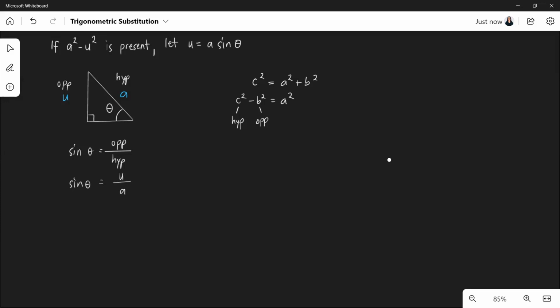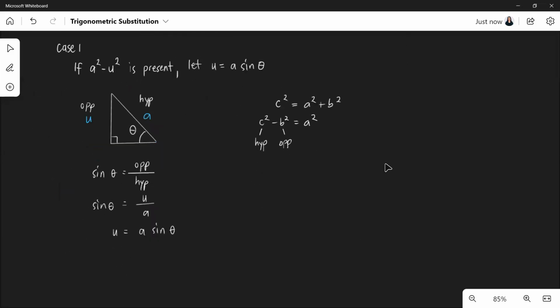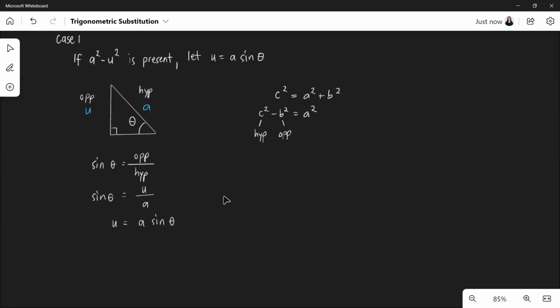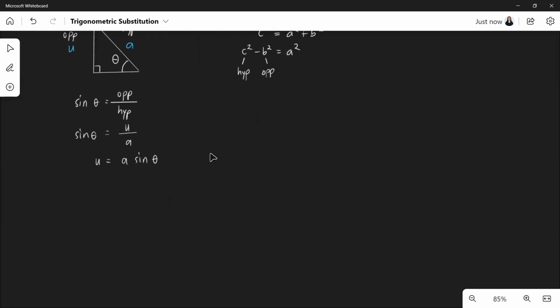Or if we arrange the variables, we get u is equal to a times sine theta. So we have here the derivation from the right triangle to this substitution equation that we're going to use for algebraic integrands.